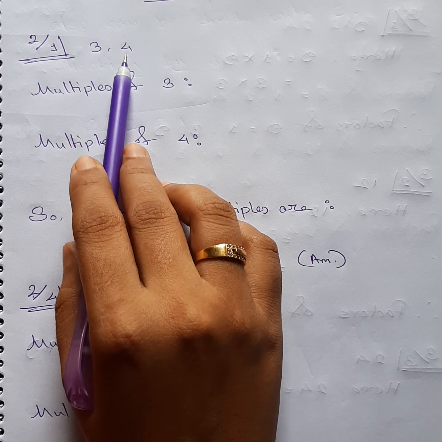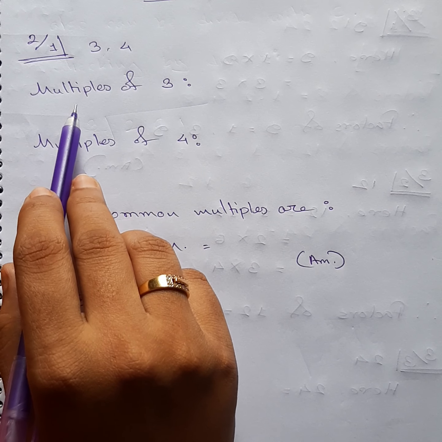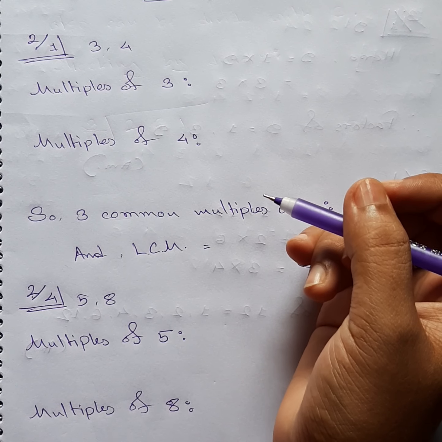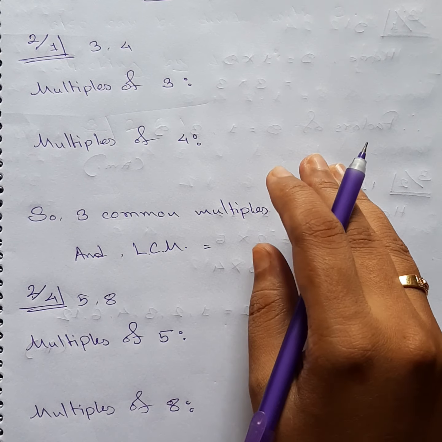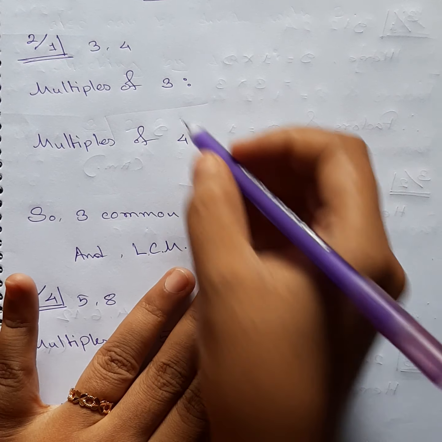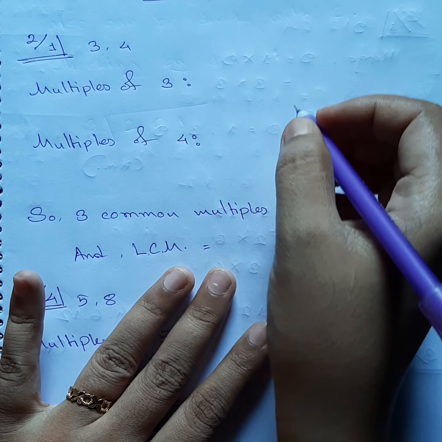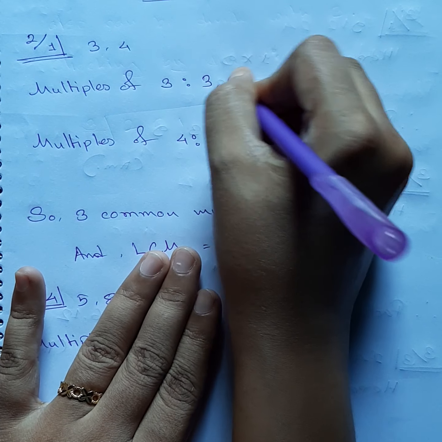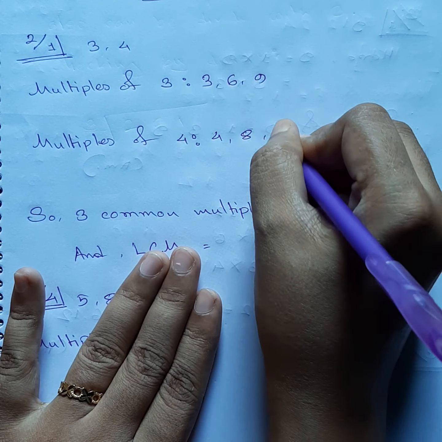Actually there are 2 numbers over here, so we are going to write down 3 common multiples. As I taught you, we are going to write down 3 multiples for 3, then 3 multiples of 4. Let's see. 3, 6, 9, and 4, 8, 12.